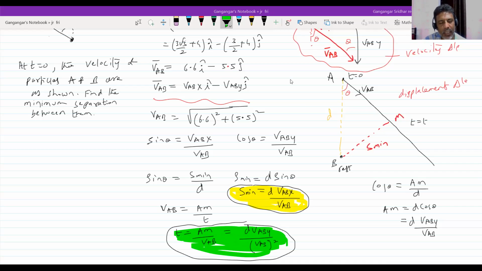If A moves with a velocity VAB, then B will appear at rest, not with any relative velocity. The idea is that instead of describing the motion of both objects, we make A move with a velocity VAB, then B will appear at rest. That's why I indicated it here. That's the overall core idea.